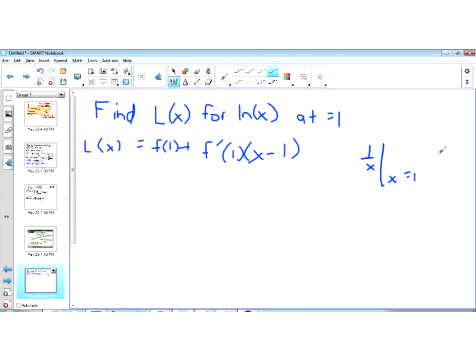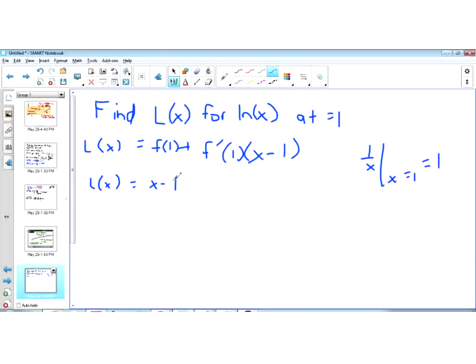And we evaluate that at x equals 1, and that's equal to 1. And we also know that the natural log function at 1 is 0. So our linearization then is equal to x minus 1. All right, so we can replace the natural log of x with x minus 1 as long as we're pretty close to x equals 1.